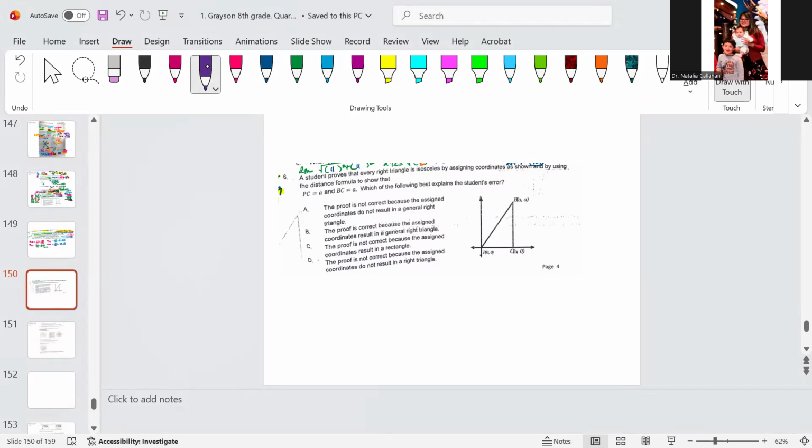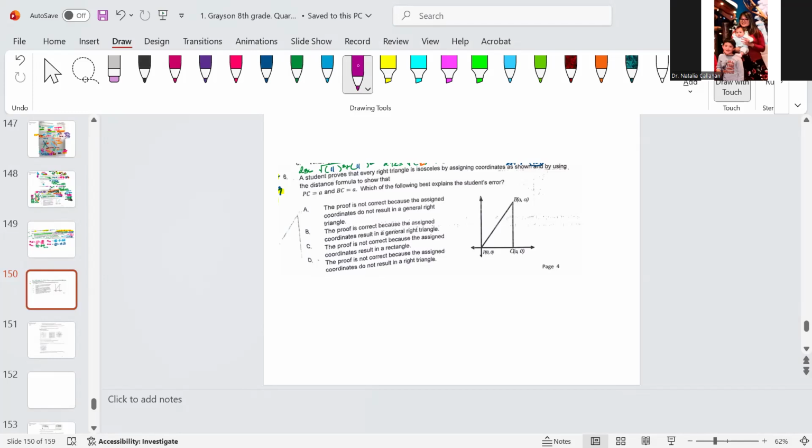Okay, so a student proves that every right triangle is isosceles by setting coordinates as shown. PC equals A, and then BC equals A. Which of the following best explains the student's error?